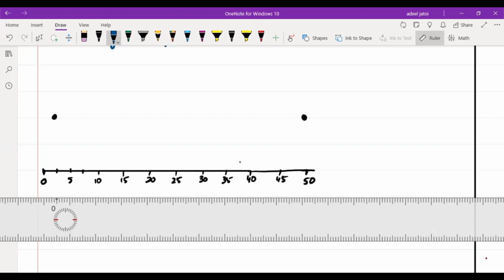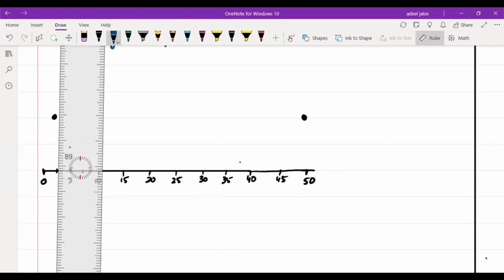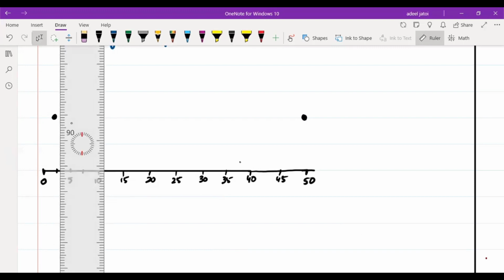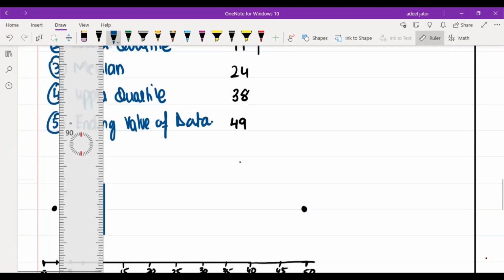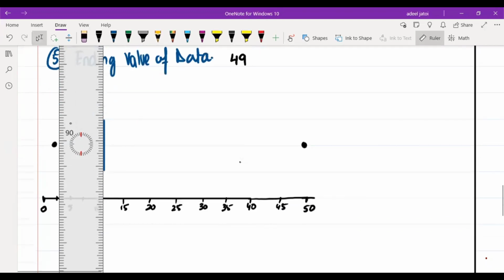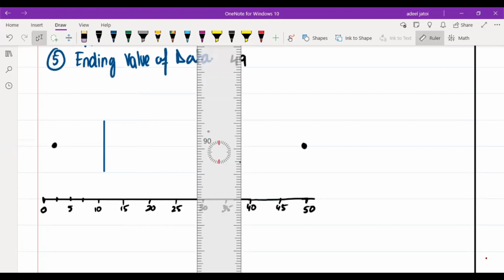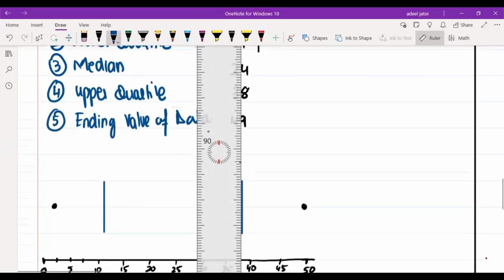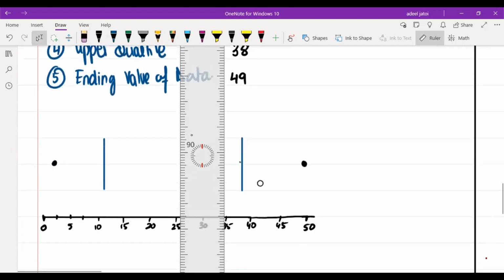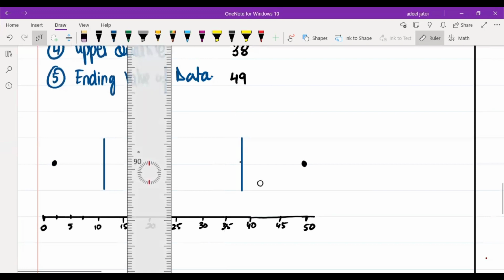This is not on 10, but on 11, so we'll mark it on 11 only. Your upper quartile was 38, so we mark it somewhere here. And the median was 24. It would be before 25. This would be your median point.